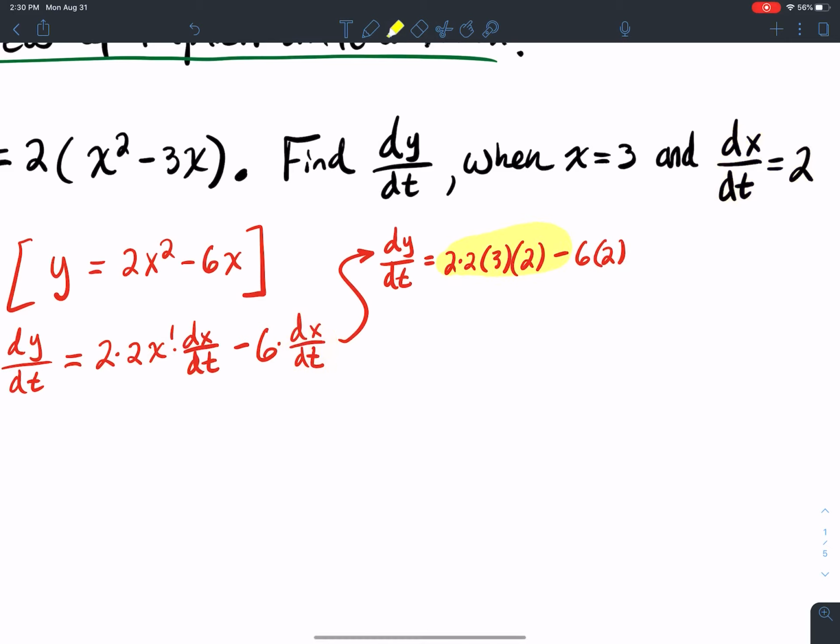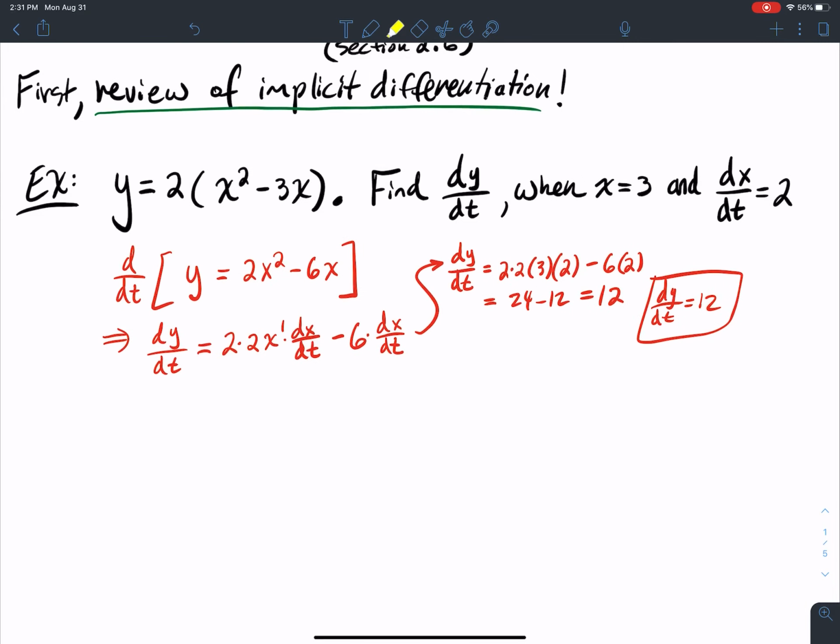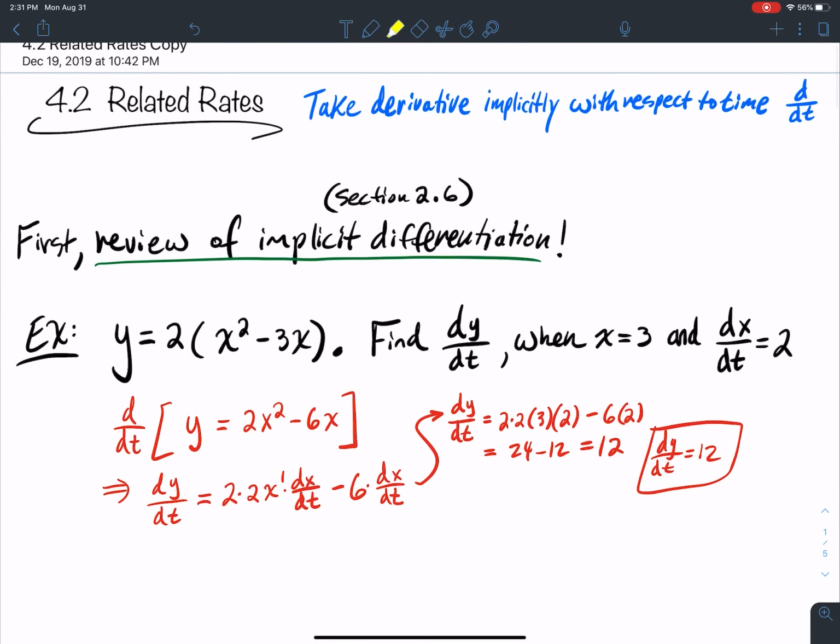And so when I compute this, I get 2 times 2 times 3 times 2, which happens to be 24, minus 12, which gets me 12. So dy/dt is equal to 12. Okay, so this is the basic idea of related rates.